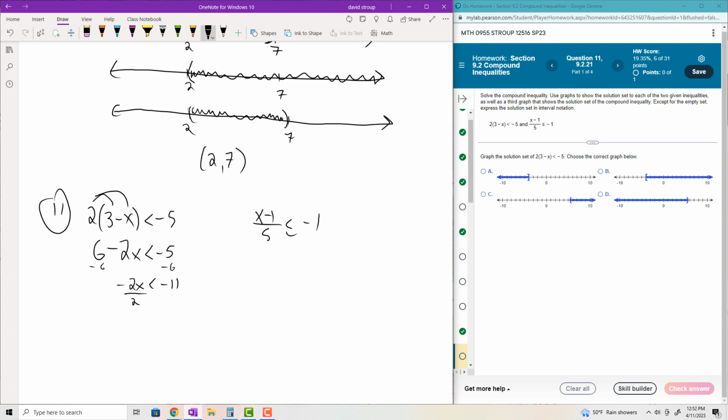And then finally divide by -2. It'll change the direction of the inequality. So 5.5. The other guy, you have to multiply both sides by 5. So 5 over 1 times x minus 1 over 5. The 5's will cancel, and you'll just have an x minus 1. -1 times 5 is -5. And then we're going to add 1.